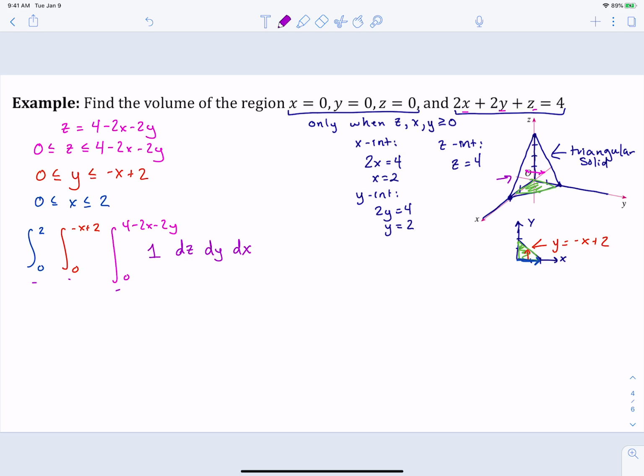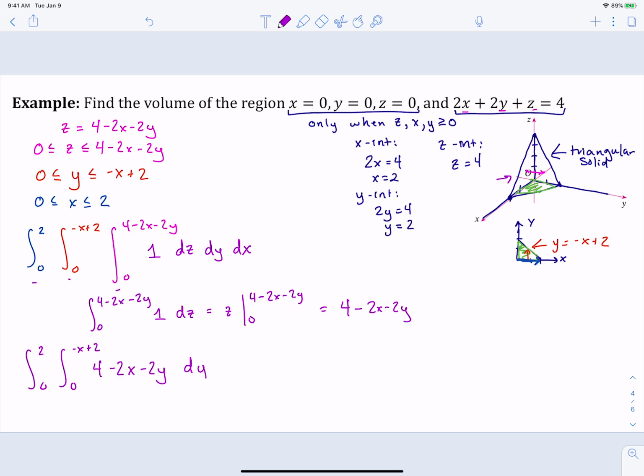So when we do our first integral, I'll at least do this one because this one's pretty easy. 1 dz, we are going to get z from 0 to 4 minus 2x minus 2y, and so that's going to be 4 minus 2x minus 2y. So this really is like the double integrals that we're used to doing in the previous two sections, because this really just sets up that volume.